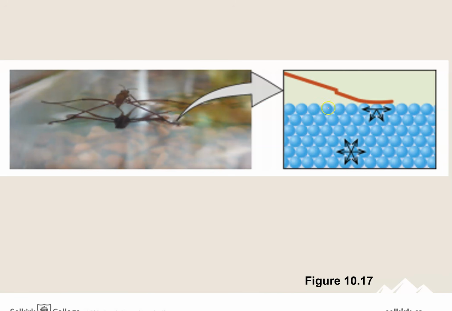Because when I look at the individual water molecules, where's my pen? There it is. There are attractions, these strong hydrogen bonds, holding one close to another. The bug is light enough that it's not pressing down hard enough to overcome the hydrogen bonding between the water molecules, and the bug stays on the surface.